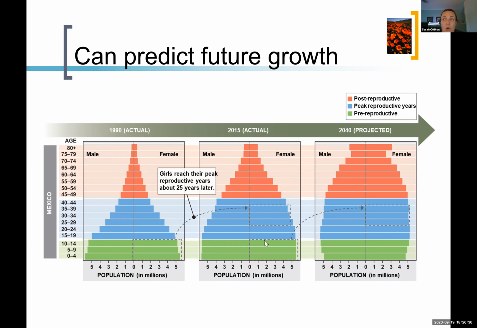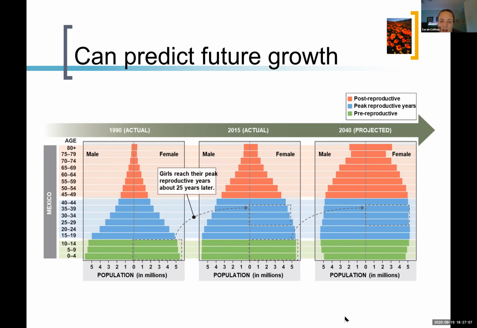Why are they wider? Well, we knew they were going to be wider because these people, after 25 years passed, grew up, because that's what you do. And so it's really wide here now. Interesting. So now what's going to happen? Projected going forward, basically what we're doing is we're just scooting everybody up another 25 years.